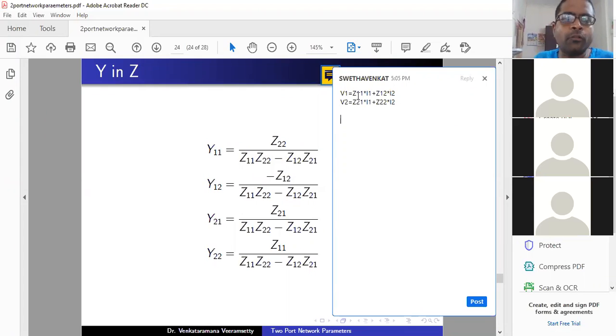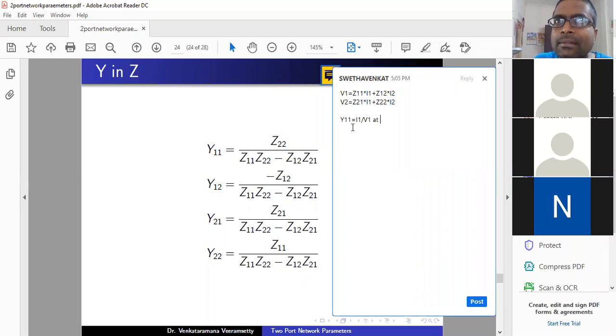Now I want to find Y11 first. Write the definition of Y11: Y11 equal to I1 by V1 at V2 equal to 0.